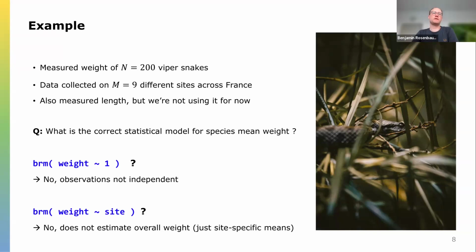Which kind of output would this generate? This basically fits an individual mean for each site. So we would get nice predictions for the site-specific mean weights, also their credible intervals, all good, but we do not get an estimate per se for the total mean weight, and also no confidence intervals for this. So we want to include this in a statistically more correct way.